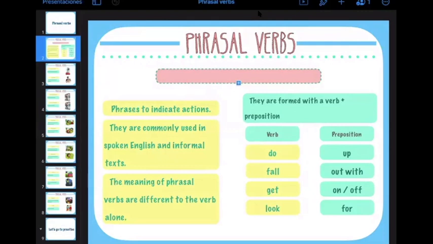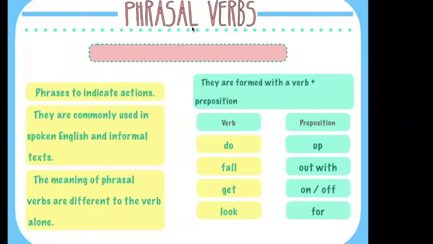What about the phrasal verbs? Phrasal verbs are phrases to indicate actions. They are commonly used in spoken English and informal text. When you see British people or Irish people speak to each other, it's really common to use phrasal verbs.